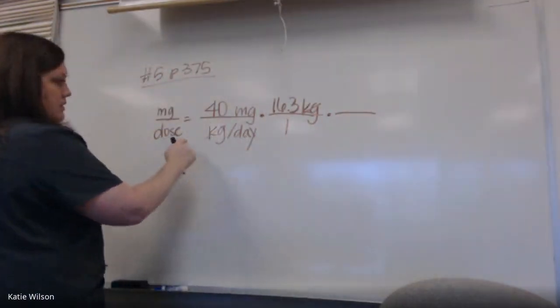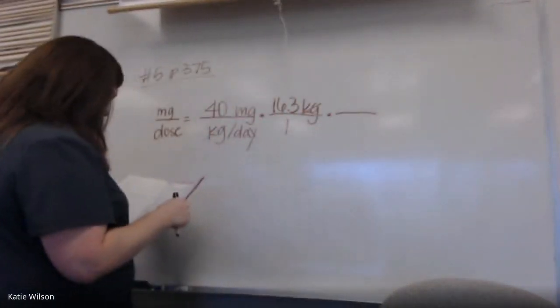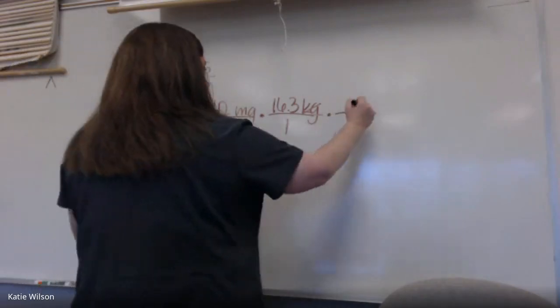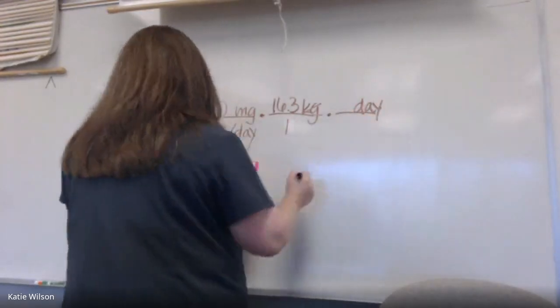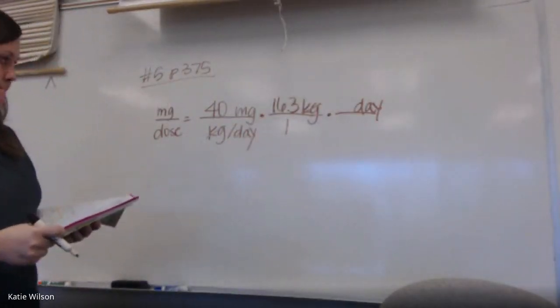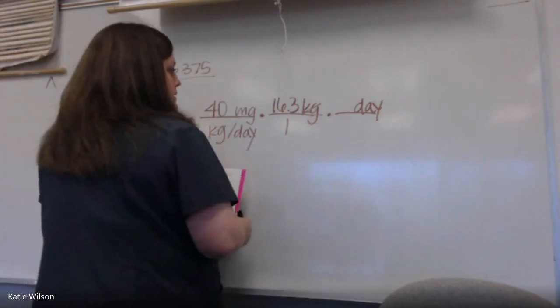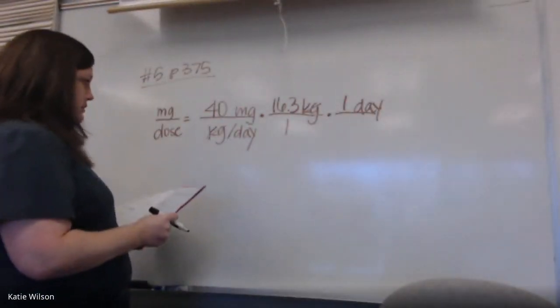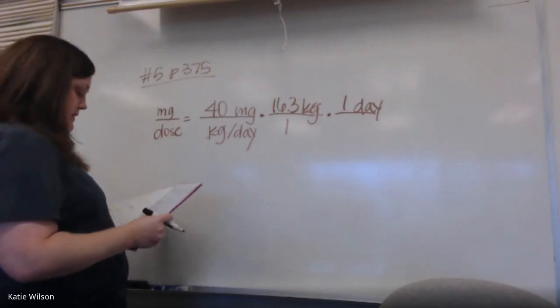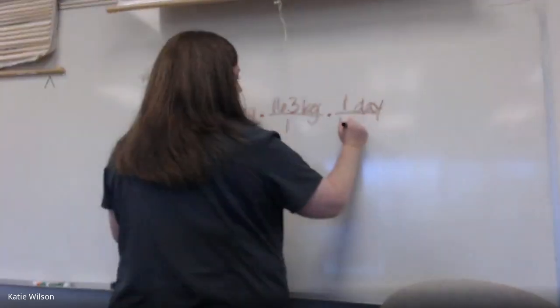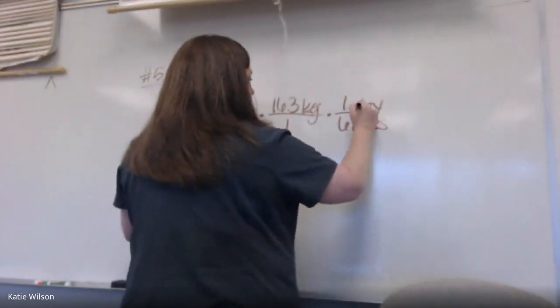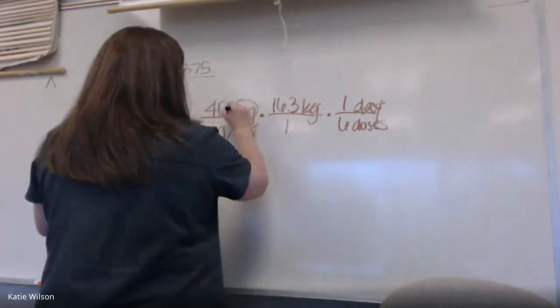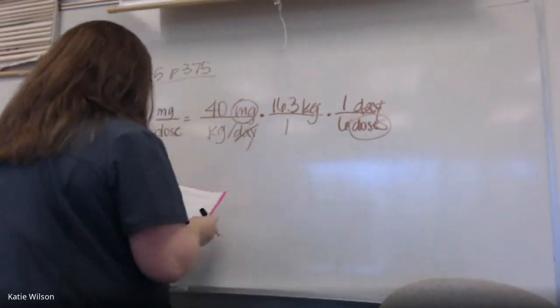I've got day, but I want dose, right? So what do I put about day here? For one day, how many doses did they tell us to give? 6 divided doses. That cancels out day. I've got milligrams on top, dose on bottom.